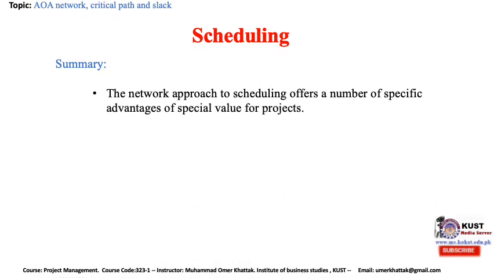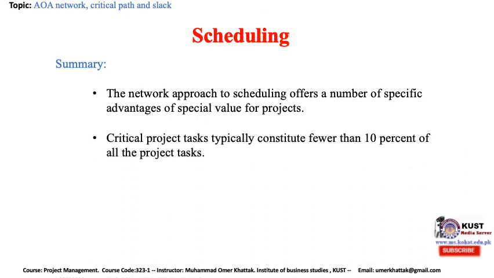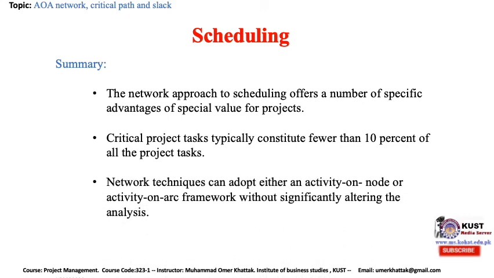The network approach to scheduling offers a number of specific advantages of special value for projects. Critical project tasks typically constitute fewer than 10% of all project tasks. Network techniques can adopt either an activity on node or activity on arc framework without significantly altering the analysis.